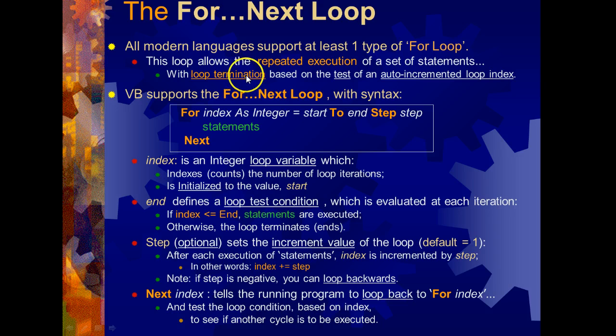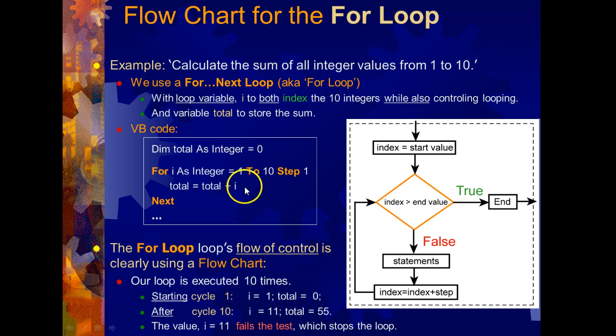With loop termination, so when do we stop the loop? We stop the loop based on the end, and also the step, with loop termination based on the test of an auto-incremented loop index. So he's saying we're testing whether, remember, it was equal to 10 or not, whether we've gone above 10 or not.